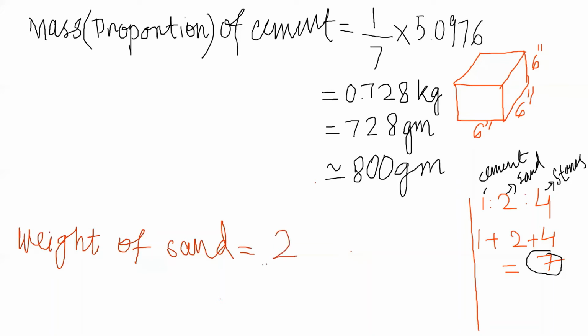The proportion for the sand is 2. So multiply by 5.0976. First, 5.0976 divided by 7 is coming out to be 1.456.